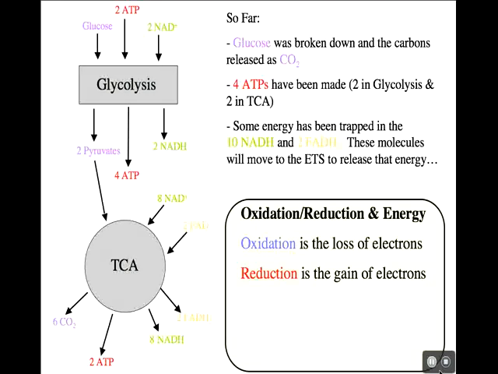Now, it can be difficult to identify in a reaction which way the electrons are going in a chemistry lab. However, in biology, it can be much easier. It turns out that because biological organisms always live in an aqueous environment, water is around, for that reason, electrons always travel with protons or hydrogen ions.